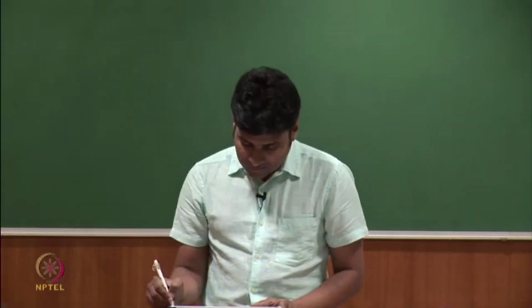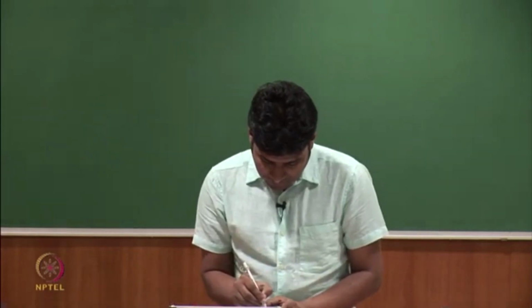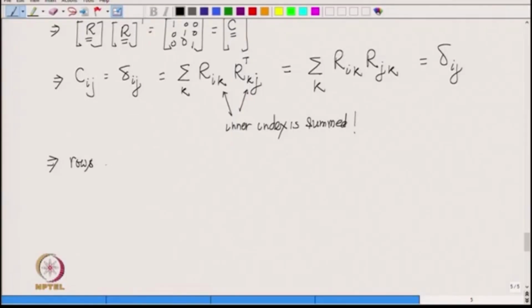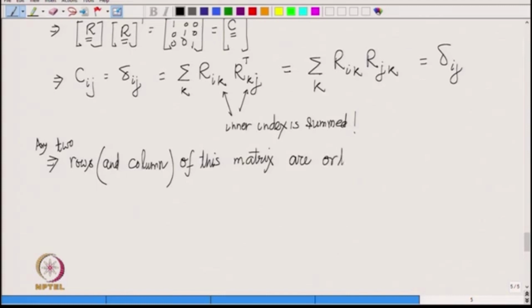So, this rotation matrix is very unique, in that the rows and columns of this matrix, so I will say any two rows, and the same thing goes for columns of this matrix, are, we say, orthonormal to each other.